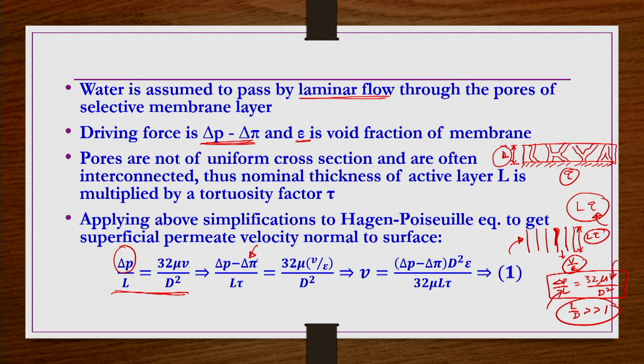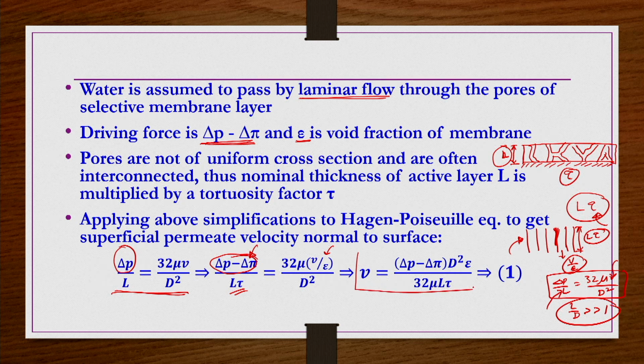That should also be taken care of in this equation. So, delta P minus delta pi divided by L tau equals 32 mu, V by epsilon, and d square. D we are keeping as it is, though an equivalent diameter should really be written, but let us not go into those details, because we are not going to simplify this equation further anyway.